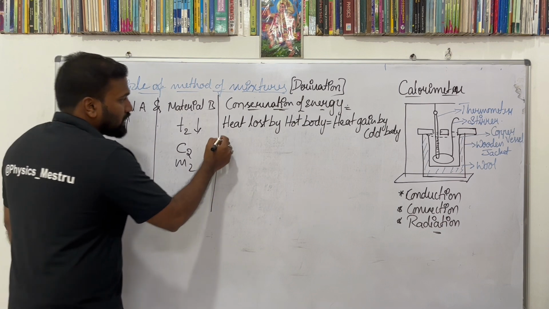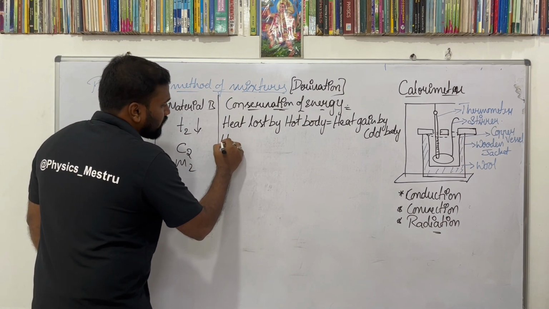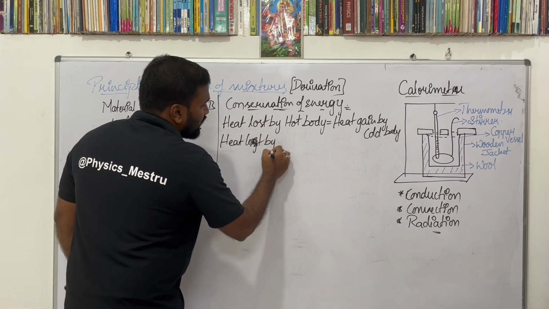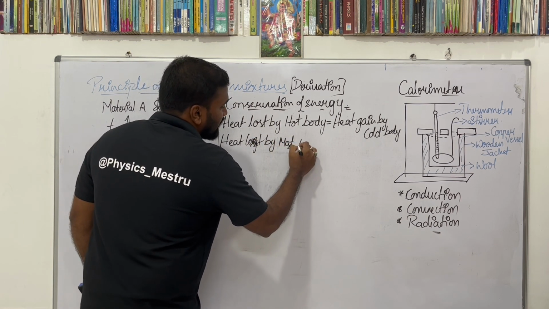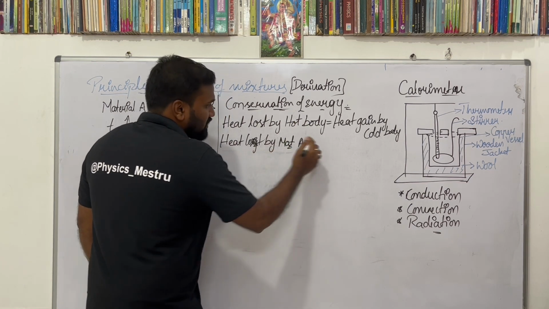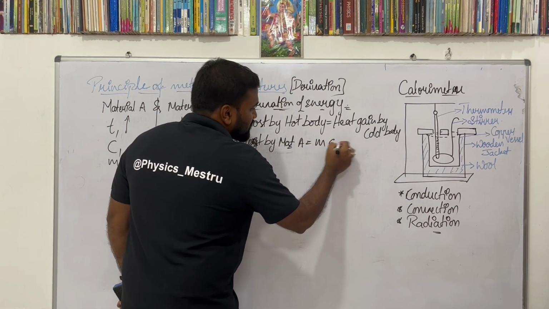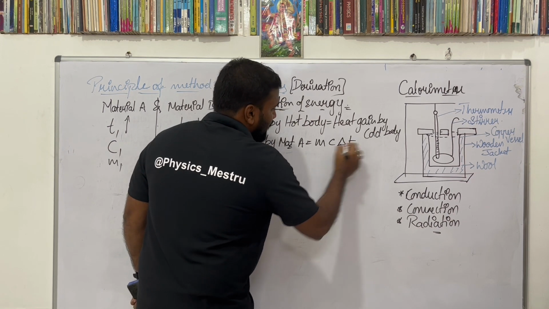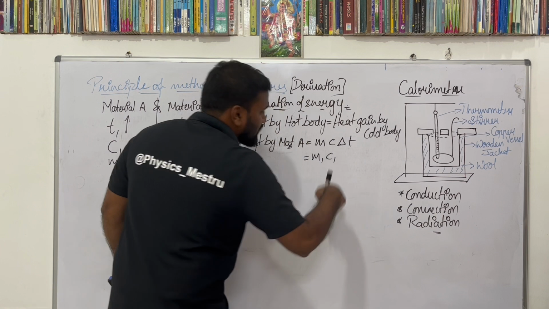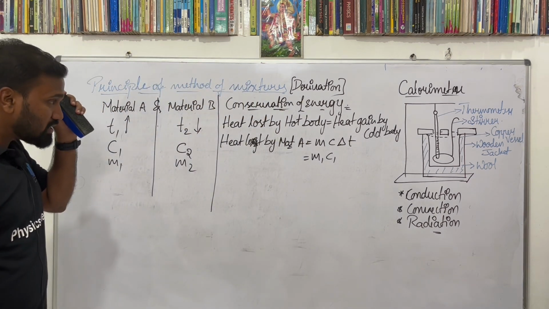What is the amount of heat lost by the body? Heat energy lost by material A is equal to mass into specific heat capacity into delta T. The mass of material A is M1, the specific heat capacity is C1. What is the change in temperature?